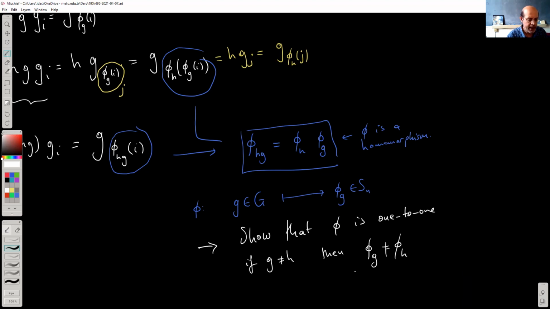That means the kernel of that map is the identity. So only the identity element corresponds to the identity permutation. Try to understand it like that. All right.